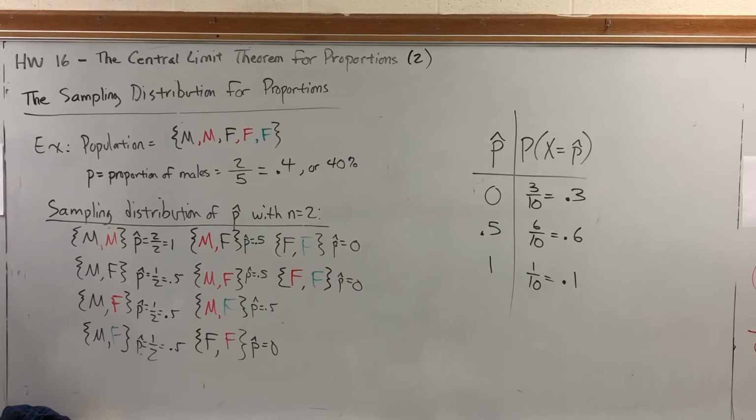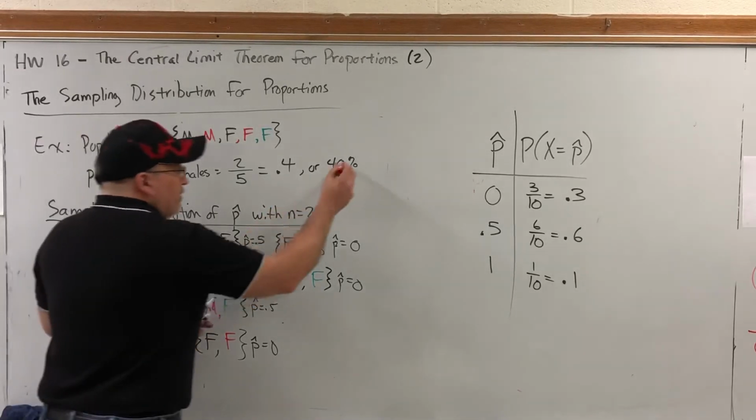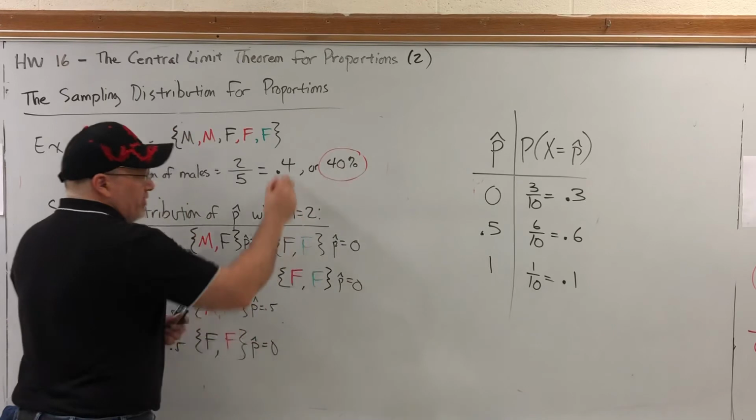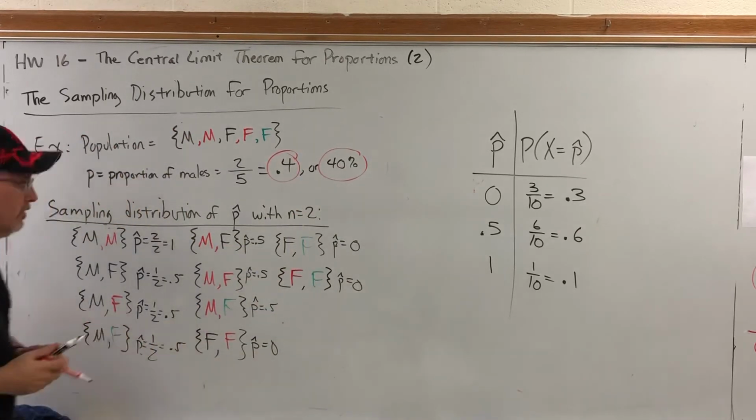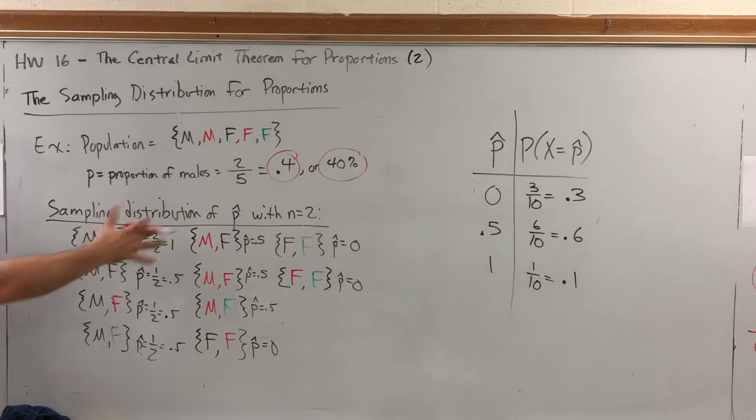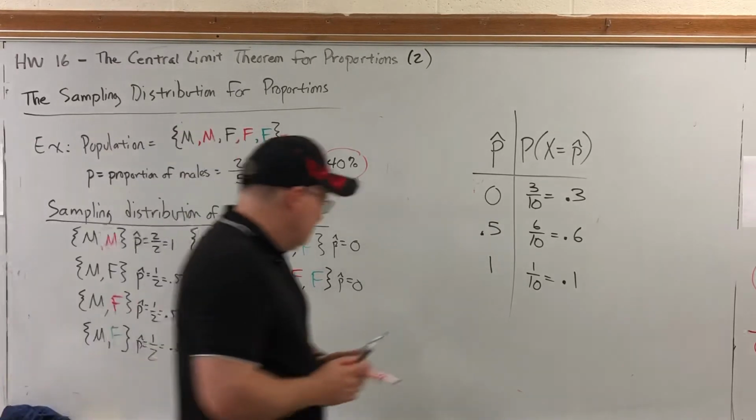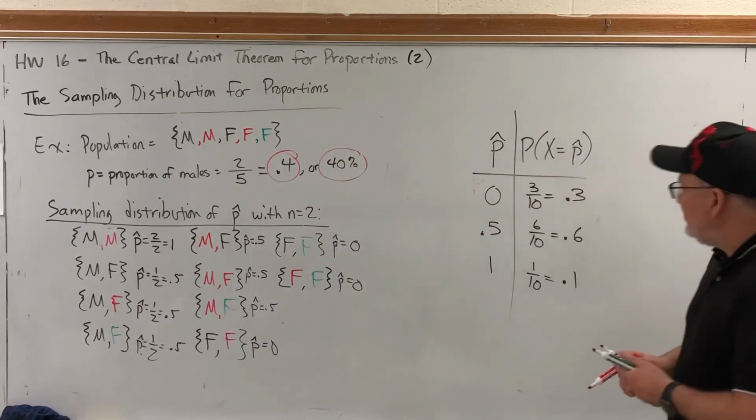We're trying to establish a relationship between the p, the proportion of the population, and all p-hats, all 10 of them. In the original population, 40% of them were male, or 0.4. How does that relate to all 10 of these p-hats? Well, guess what you get if you average all 10 p-hats?